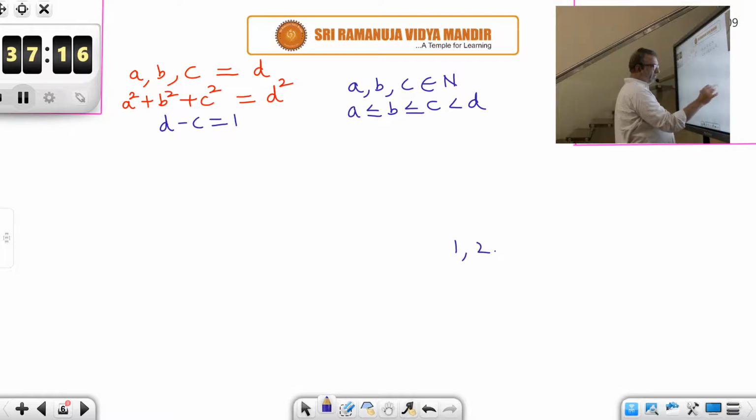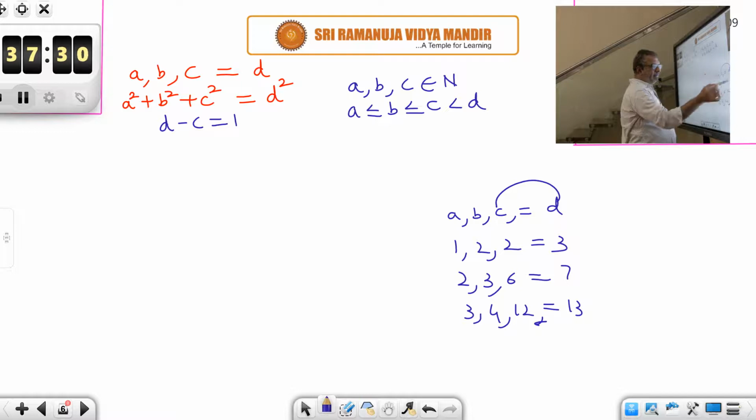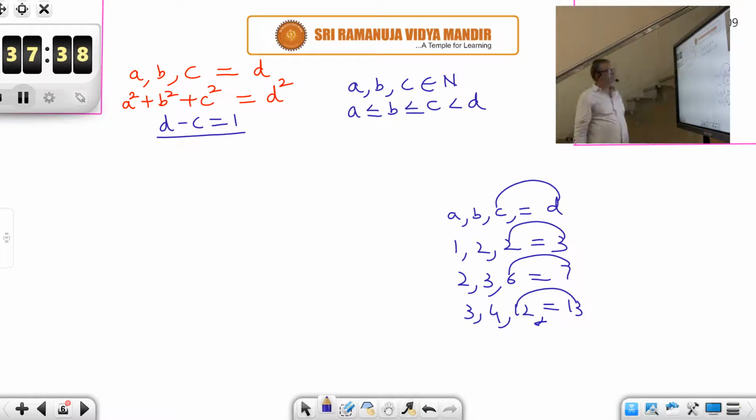Here we have seen 1, 2, 2 is equal to 3. 2, 3, 6 is equal to 7. 3, 4, 12 is equal to 13. So this is A, B, C is equal to D. D minus C means this difference. You can see it is 1 only here, for all these numbers. The same difference we are keeping: D minus C is equal to 1.